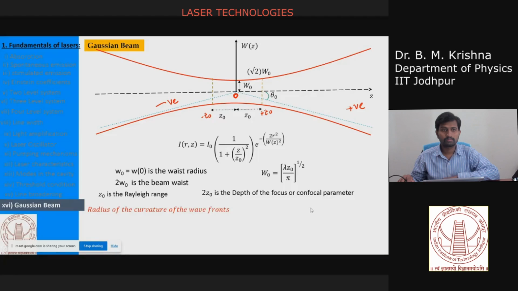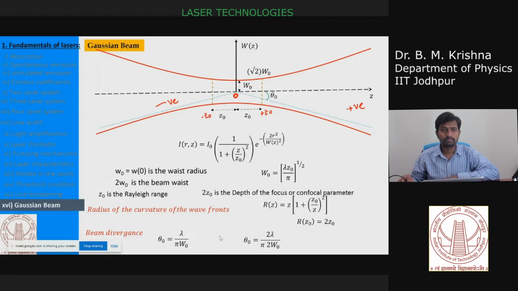Okay, now the radius of curvature of the wavefronts, I think we will discuss later. So your beam divergence: if you see, your beam is diverging from your focal spot in either direction, right? Because in this direction you are focusing, in this direction it is diverging. So now you can calculate your divergence angle theta naught, that is lambda by pi omega naught.